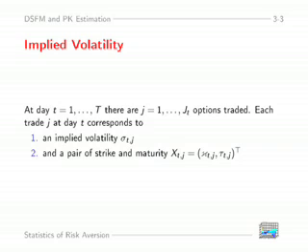At each day t, we have J_t trades on the option. So we have the trade j at day t. We observe the option price, and this option price can be associated with the implied volatility at day t, trade j, and this option has a strike and a maturity, kappa and tau.